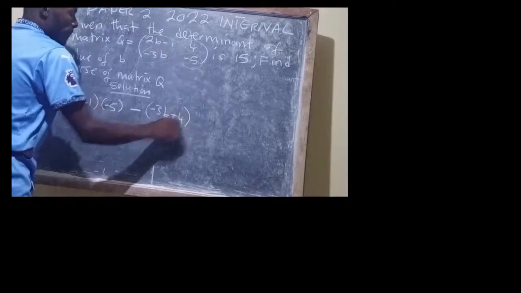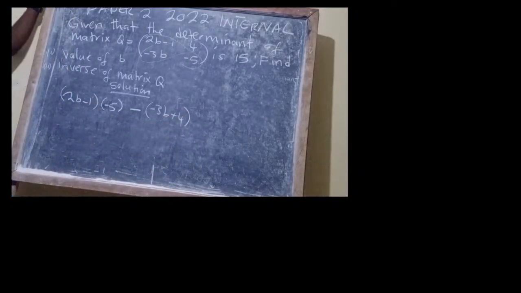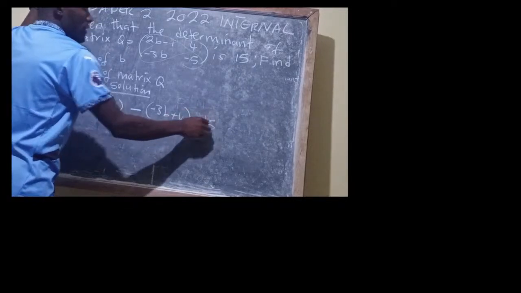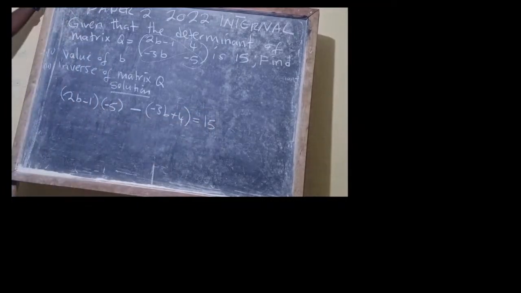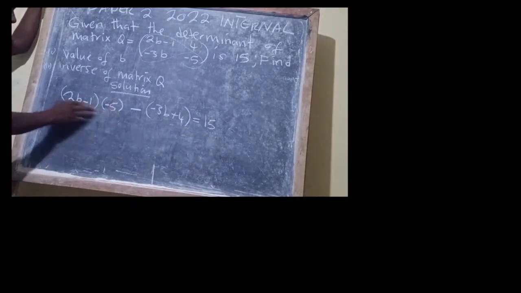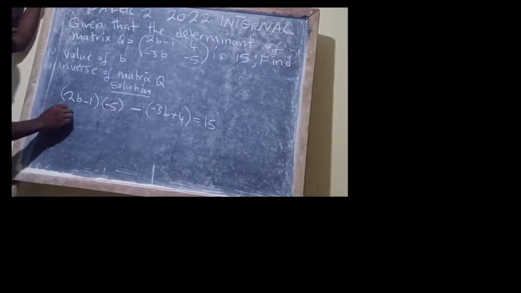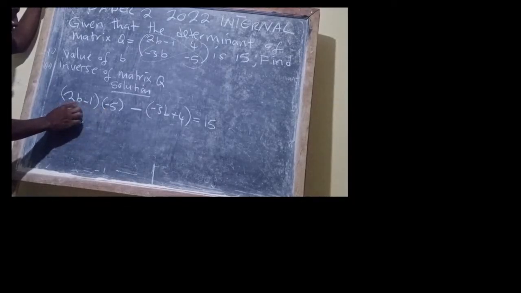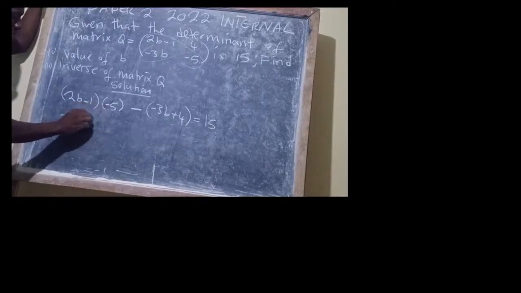So when you look at the major diagonals in your matrix, these are the numbers that are found there. Then the minor diagonals are these numbers that are found here. So what are we going to do for us to find the value? So this row here we're going to give it the determinant.